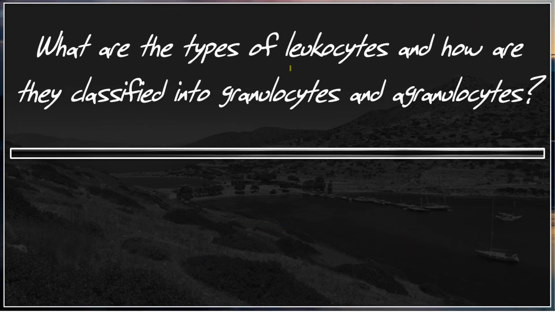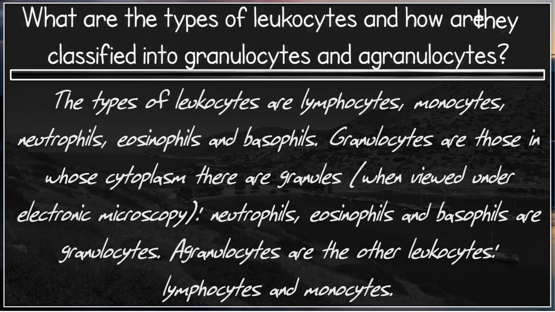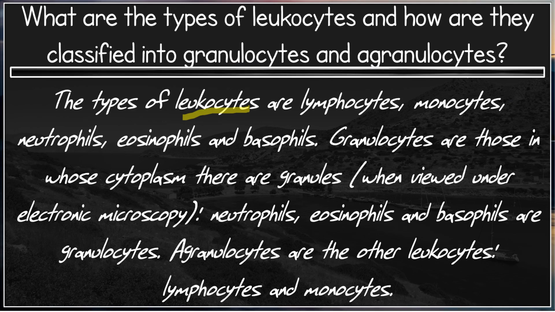What are the types of leukocytes and how are they classified into granulocytes and agranulocytes? The types of leukocytes are lymphocytes, monocytes, neutrophils, eosinophils, and basophils.